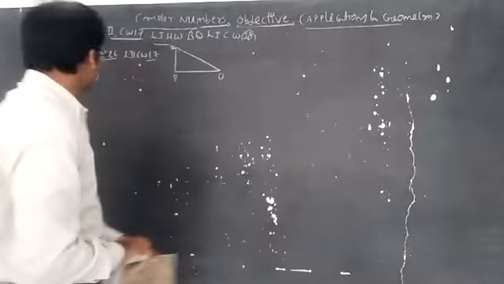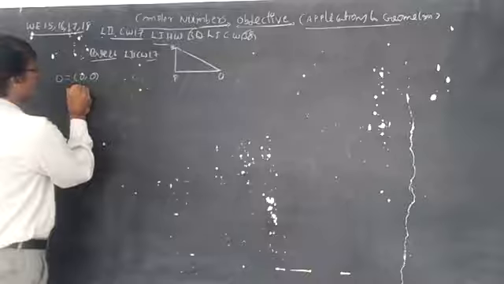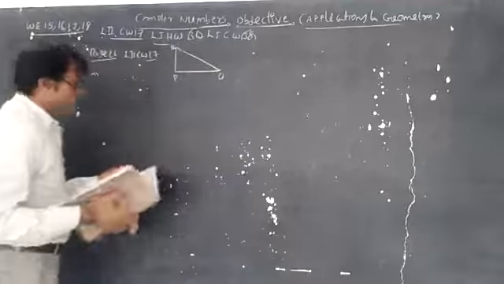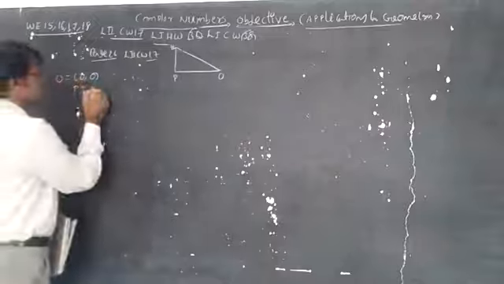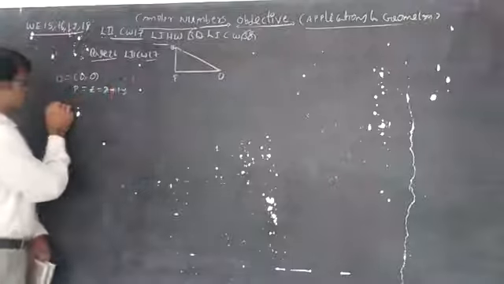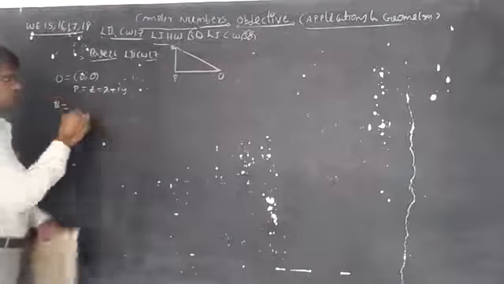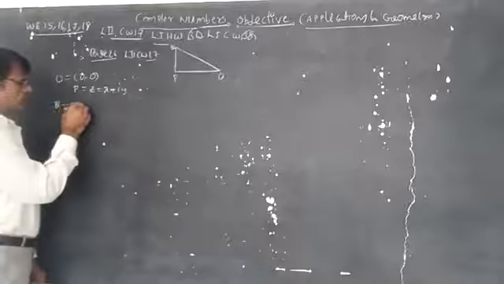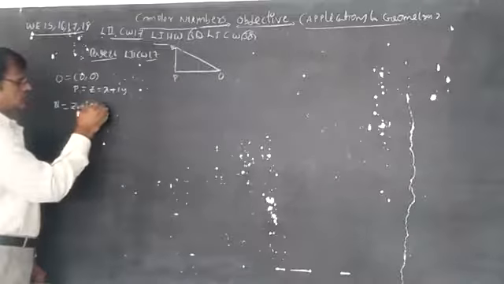P means Z, Q means Z plus iZ. So P is equal to Z, which is nothing but x plus iy. Q is equal to Z plus iZ.